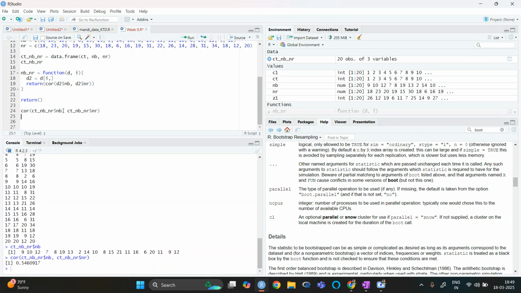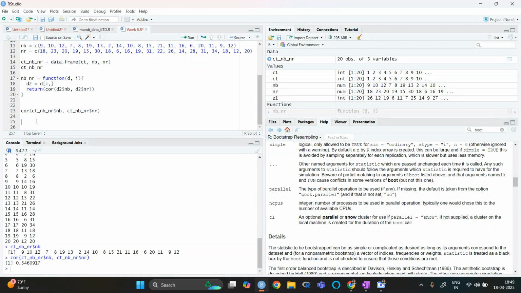So here is our real correlation, and with the help of bootstrap we will find the bootstrap one. Here it is saying that it has the correlation of 0.5460917. So here it is for the whole population, then we can do the samples, etc. This is our real value. We will see how the core boot will perform.